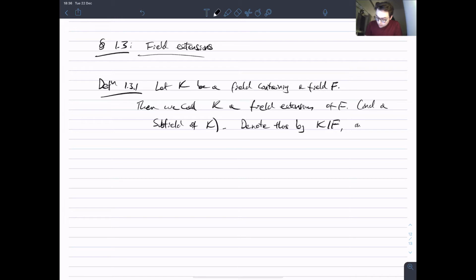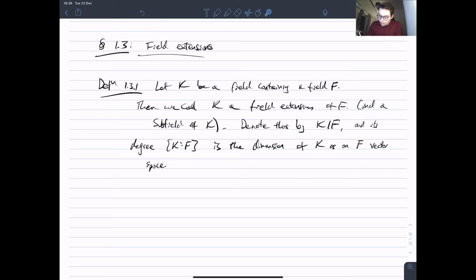And its degree, which I'll denote by K : F, is the dimension of K as an F vector space.